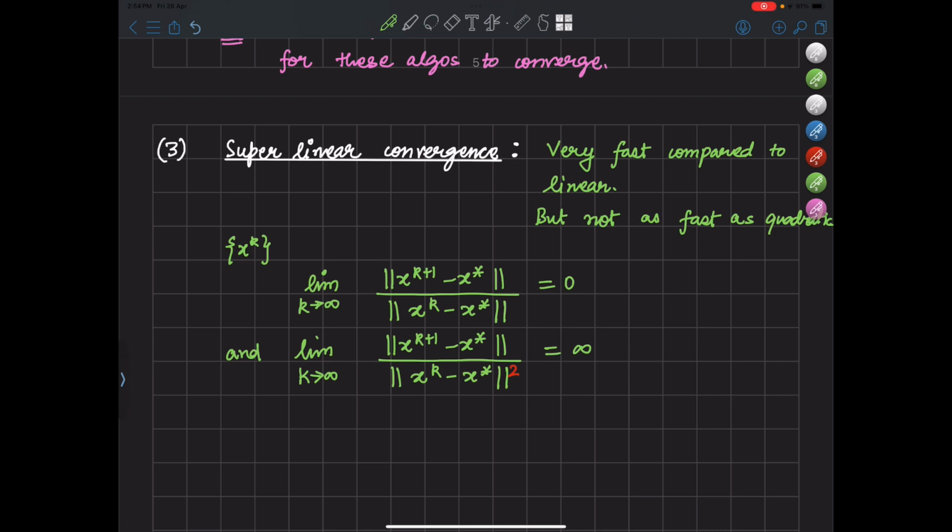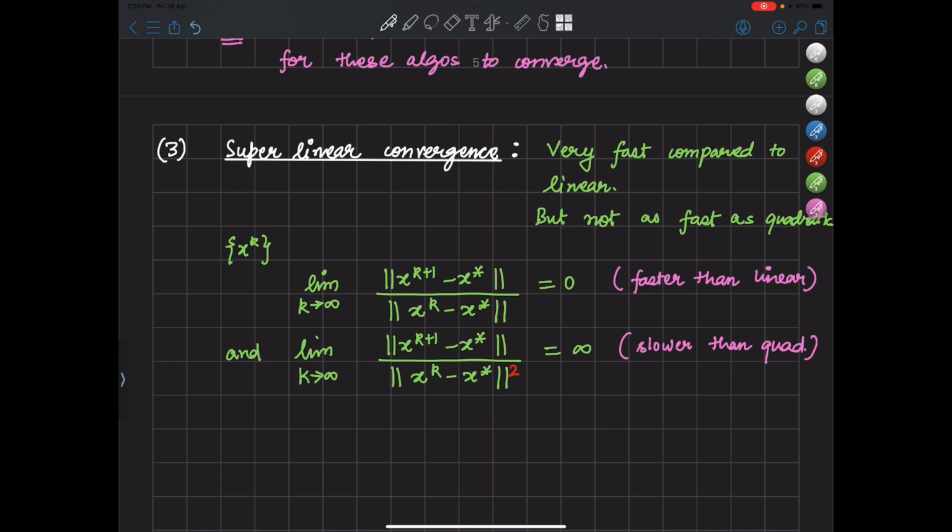It is not as fast as quadratic. So I can write it here: faster than linear, slower than quadratic. Okay, so this is called superlinear convergence.